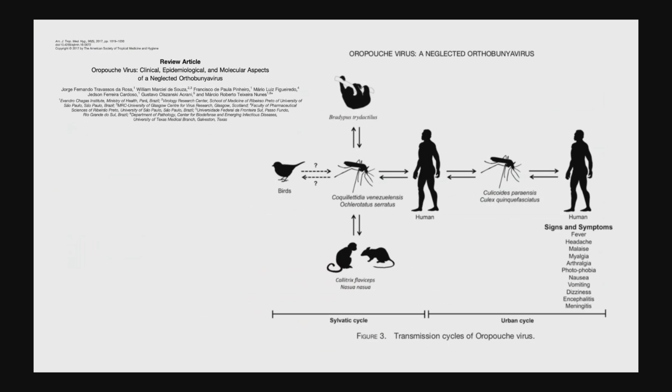The vector for this urban cycle is Culicoides paraensis. So it's another vector, it's not Aedes aegypti. We have some different aspects to consider in these arboviruses. But we also have information that Culex quinquefasciatus may also act as a secondary vector.